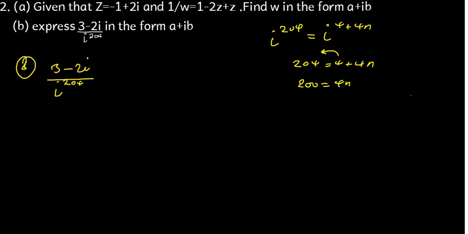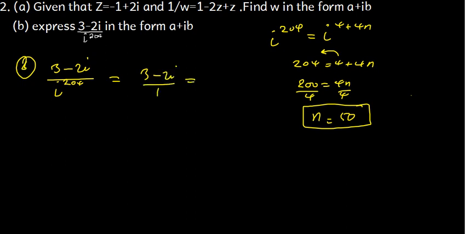To remain with n, we divide by 4 on both sides, and so n is 50. And 50 we know is an integer. So this is equal to 3 minus 2i over 1, which is just 3 minus 2i. So it has been written in the form a plus ib.